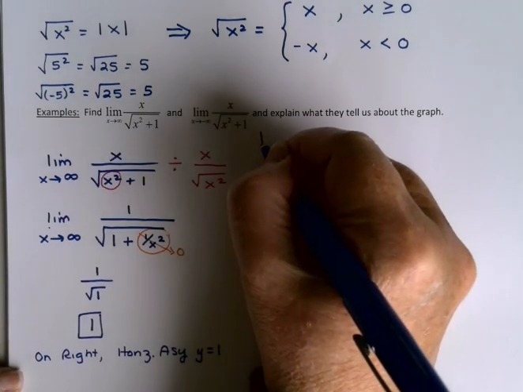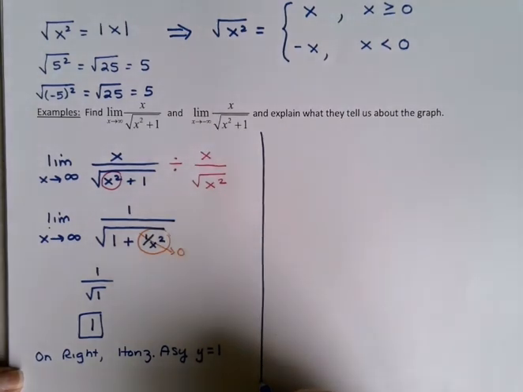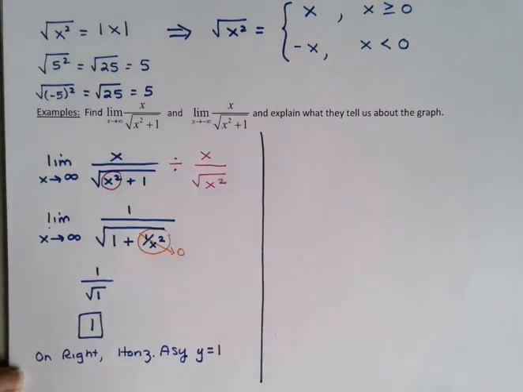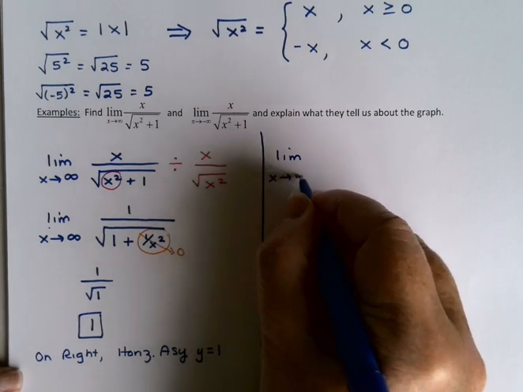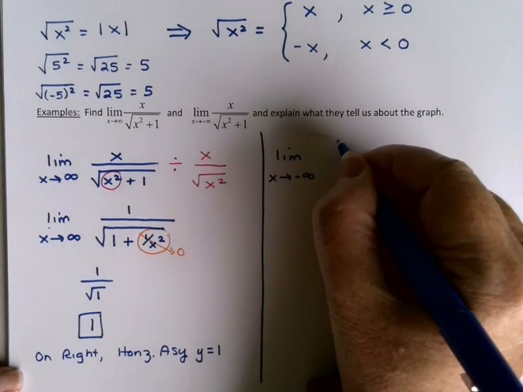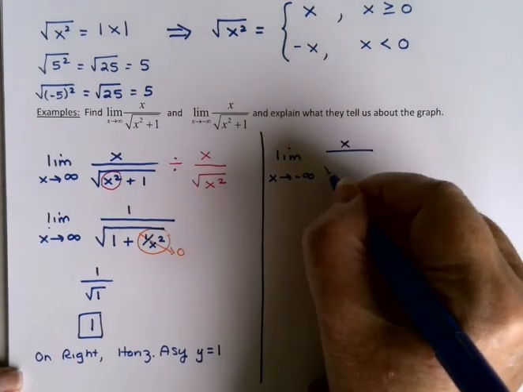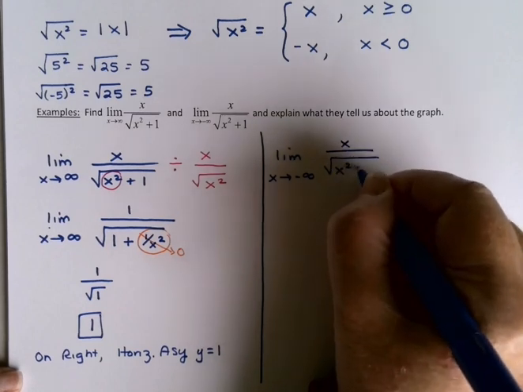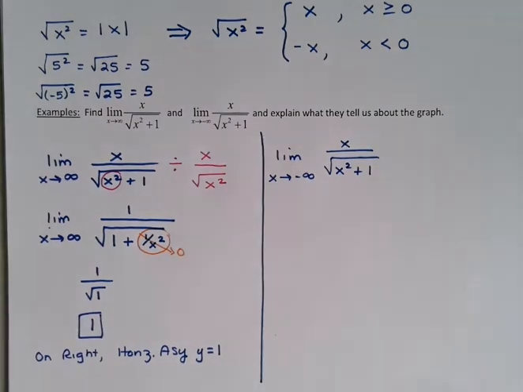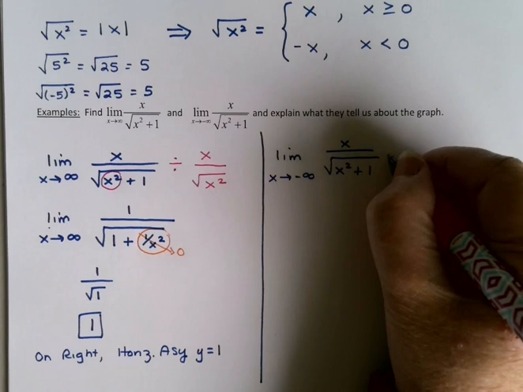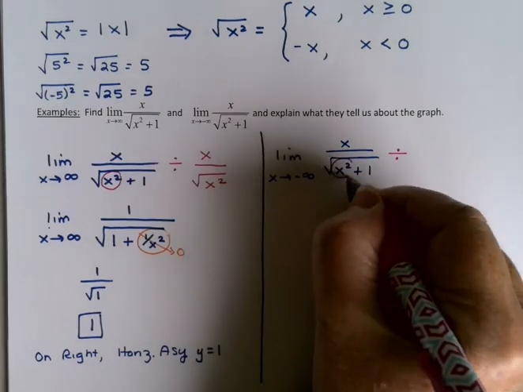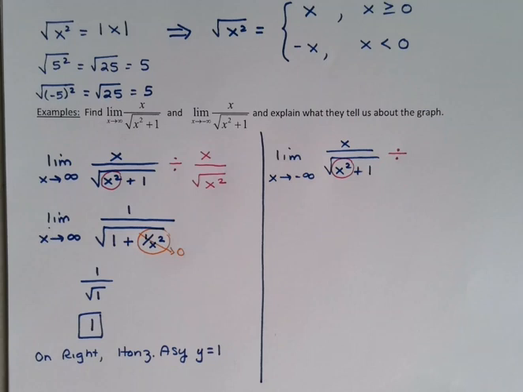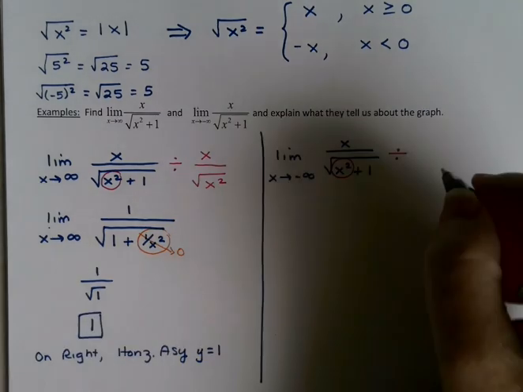All right, let's redo that same limit. But this time I want x to approach negative infinity. I'll start out essentially the same way, saying that I'd like to divide by the highest power of x in the denominator, which is x squared under that radical.